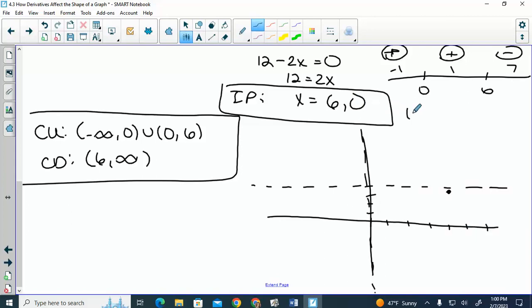0 was an asymptote. But when my x is 6, if you plug a 6 into the original, 35 over 9.